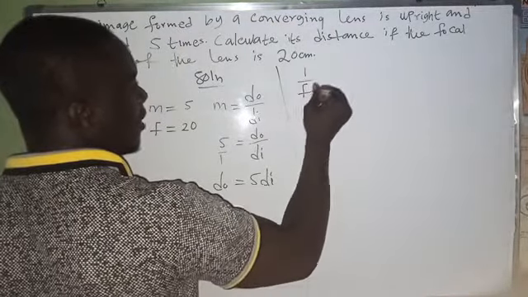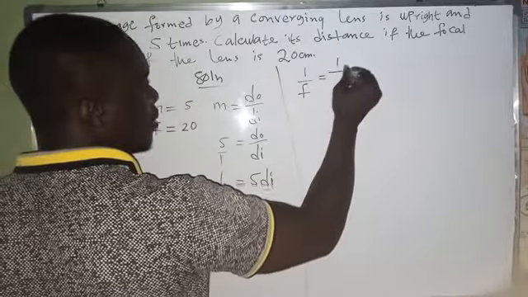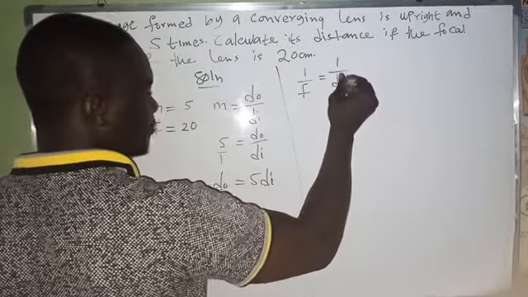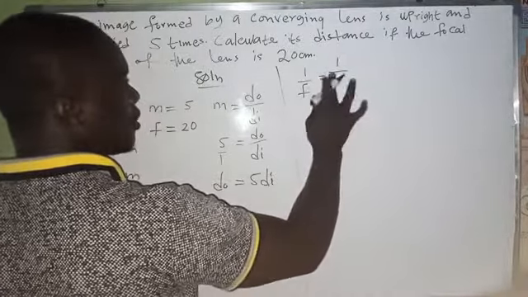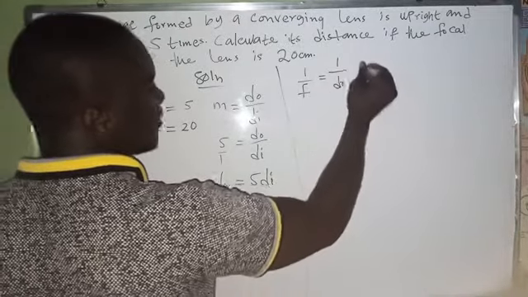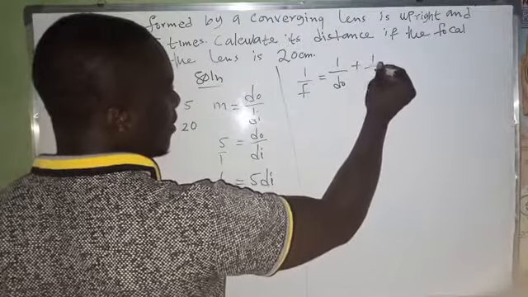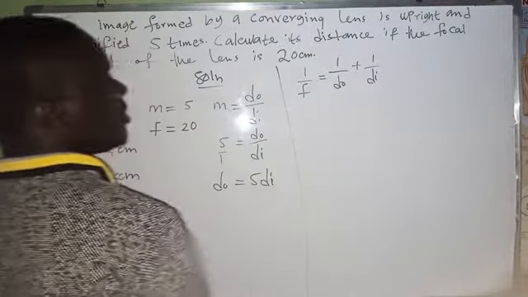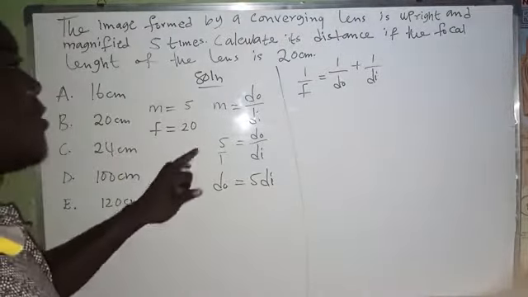1 all over f equals 1 all over object distance plus 1 over image distance. And what's our focal length?